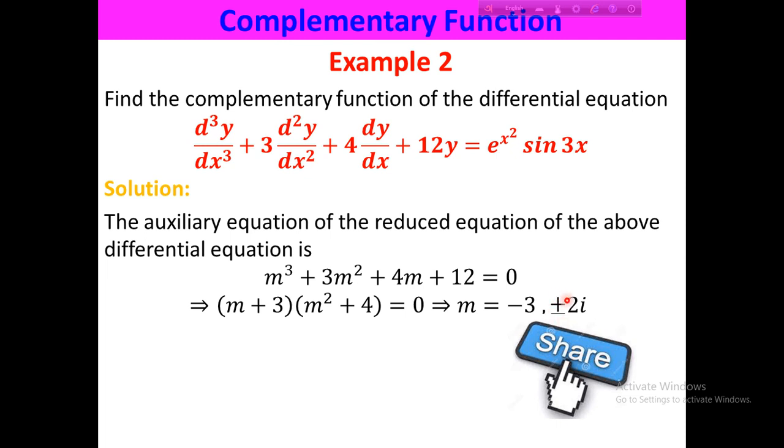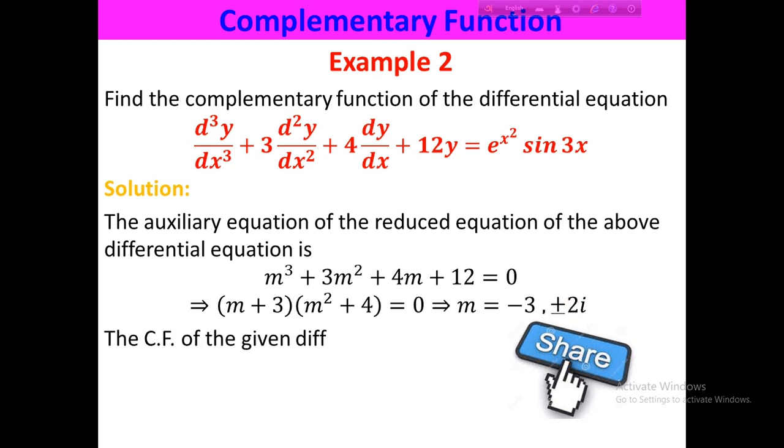We know that when the roots are alpha plus or minus i beta, the corresponding solution is e to the power alpha x into some constant into cos beta x plus another constant into sin beta x. So here alpha is 0 and beta is 2, therefore e to the power 0x, that is 1, into cos 2x plus sin 2x.